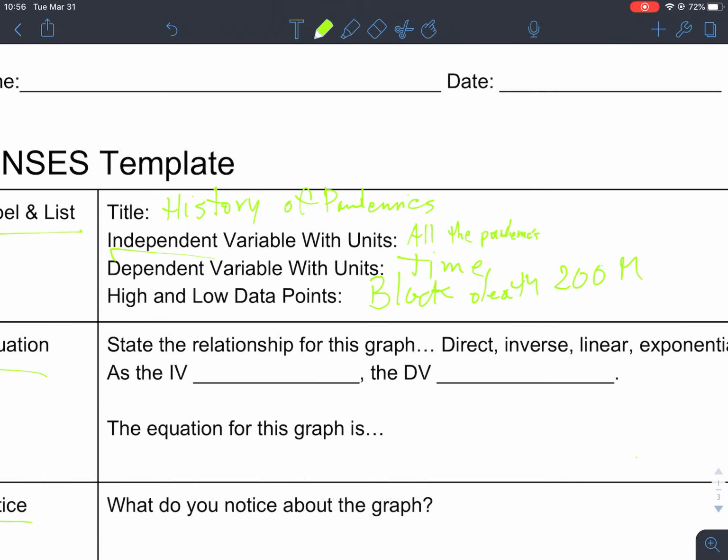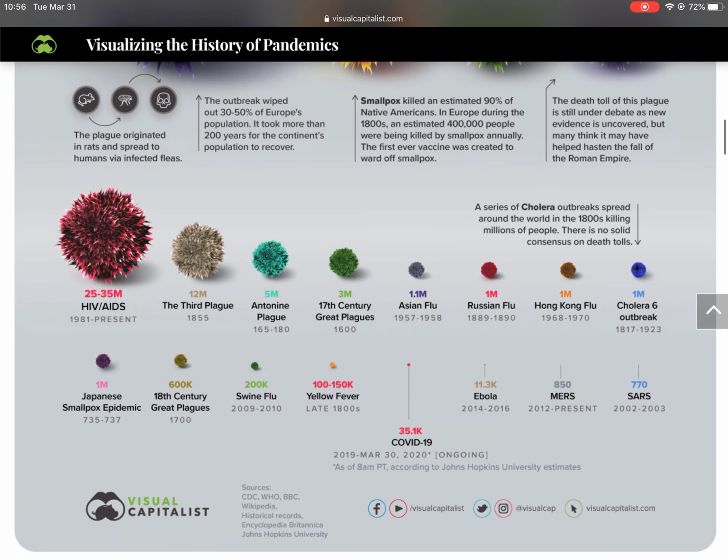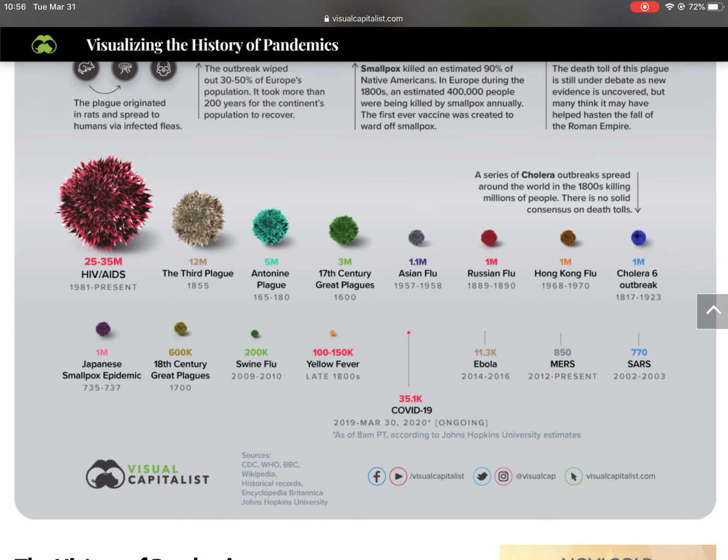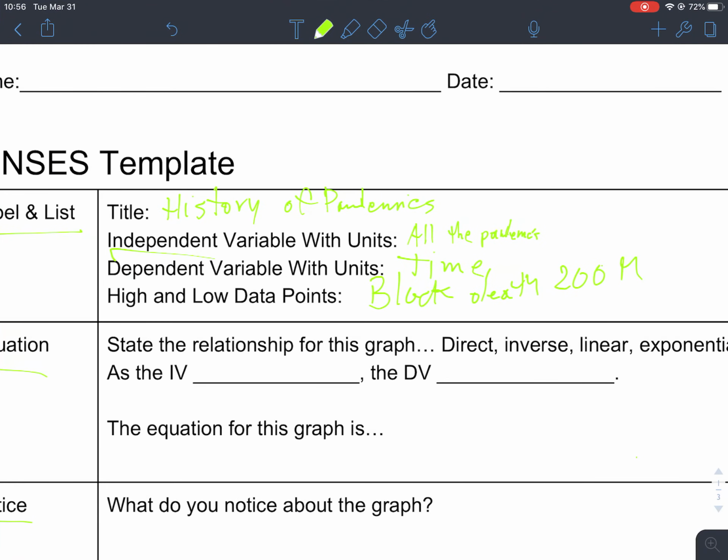And the low would be, like it says here, SARS, right? With 770. So I'll put it right here. SARS with 770 people that died. Those are the high and low points.